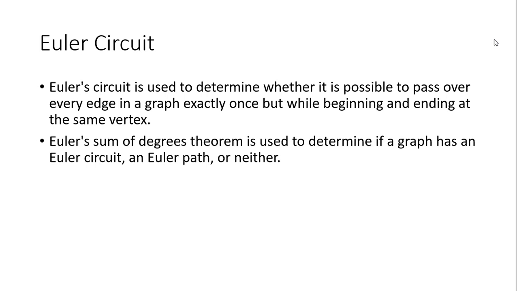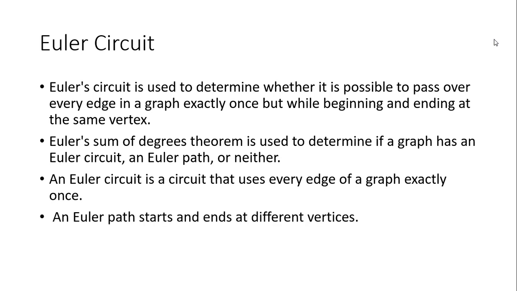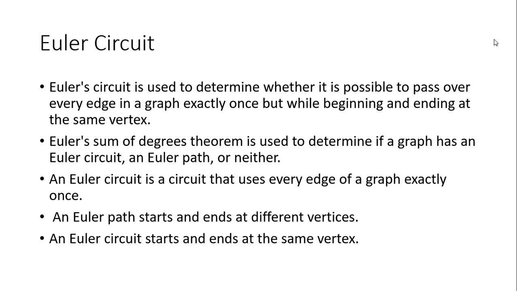Euler's sum of degrees theorem is used to determine if a graph has an Euler circuit, an Euler path, or neither. An Euler circuit is a circuit that uses every edge of a graph exactly once. An Euler path starts and ends at different vertices, and an Euler circuit starts and ends at the same vertex.